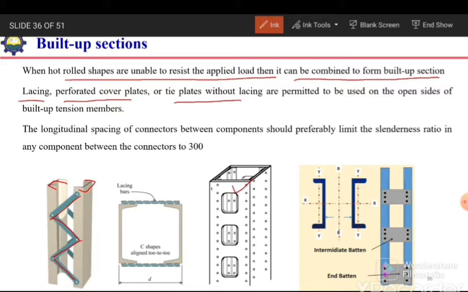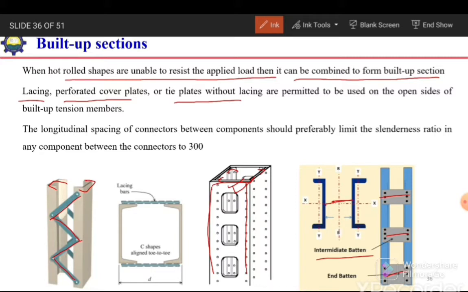We have connected this plate with the sections. Here we have 4 angle sections, and to connect those 4 angle sections we have provided this perforated plate. Or otherwise we can use tie plates or end battens or intermediate battens to connect these two channels to make a built-up section.